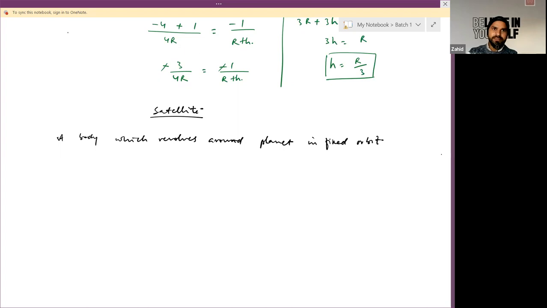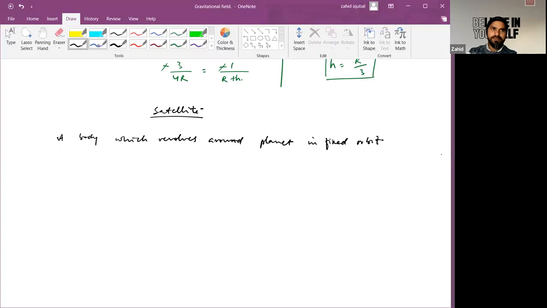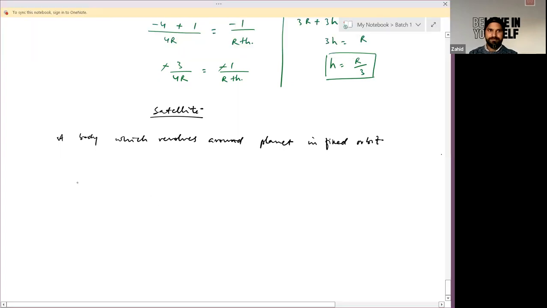So we have to define some terms related to this satellite. First is velocity of revolving. Let's say Earth, and a body is revolving in this circular orbit.